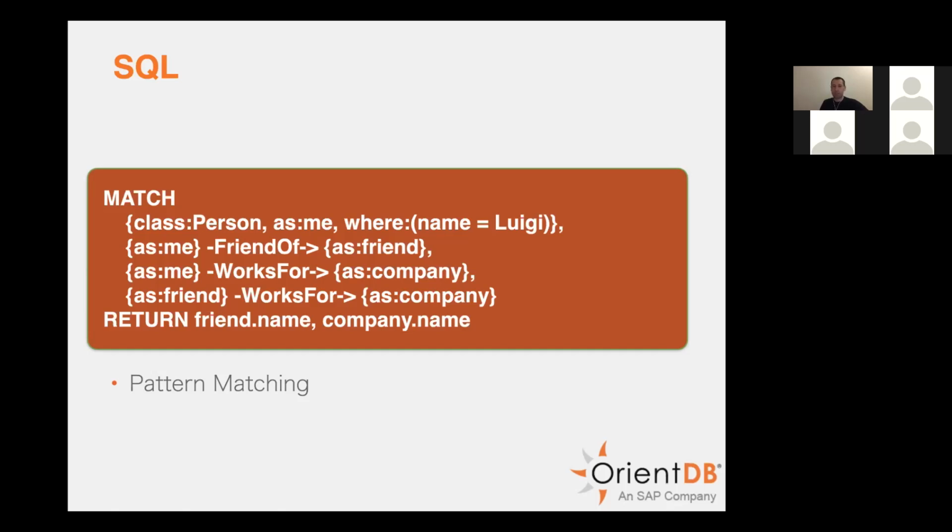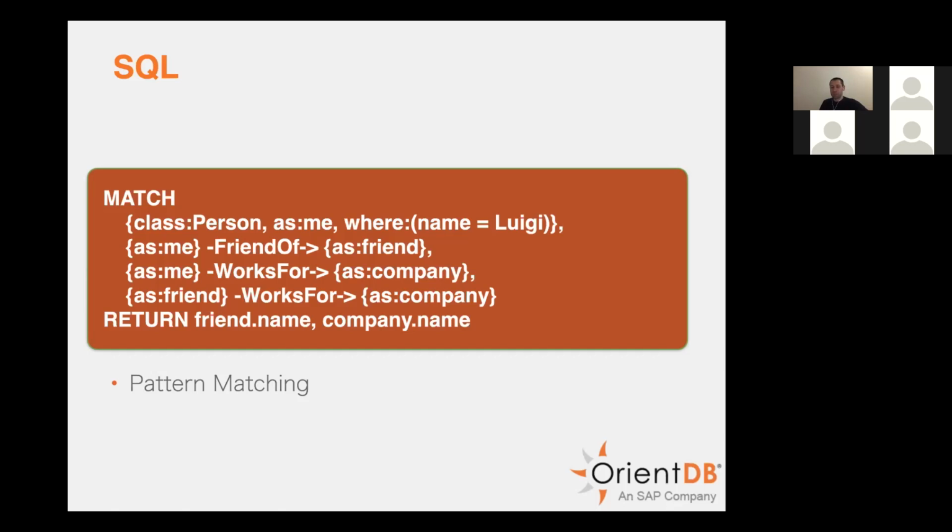So me is connected to a friend with a friend of relationship. Me is connected to a company with a works for edge. And the friend is connected to the same company with another works for relationship. So I'm defining a graph pattern. I'm just describing vertices with curly braces and edges with arrows.